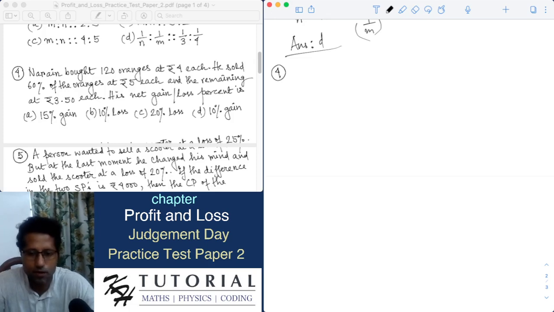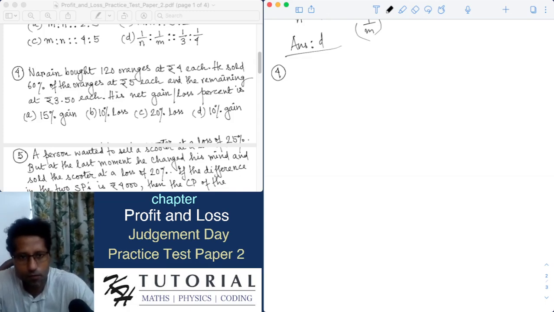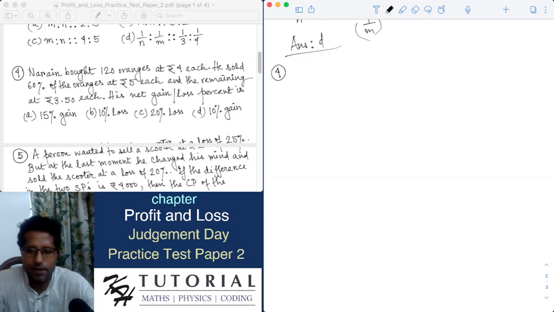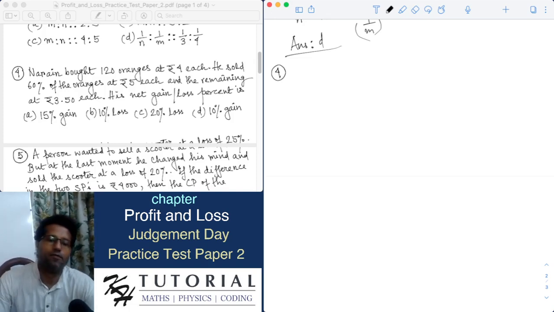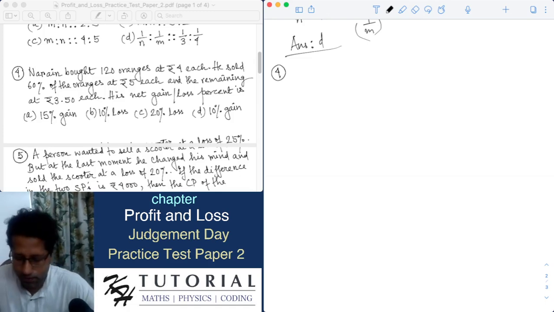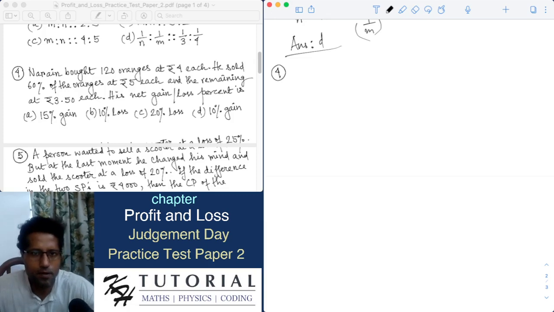So if you consider 1 unit of cost price, then you should consider 1 unit of selling price to find the gain percent or loss percent. Similarly, if you are considering some n number of units of the item for selling price, then you should also consider n number of units of the item for cost price. So in this example, I will consider the selling price and cost price of 120 oranges.